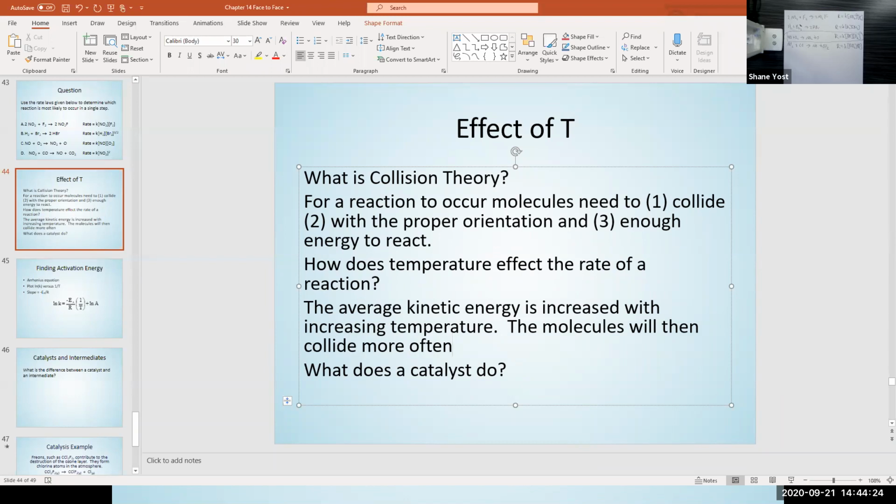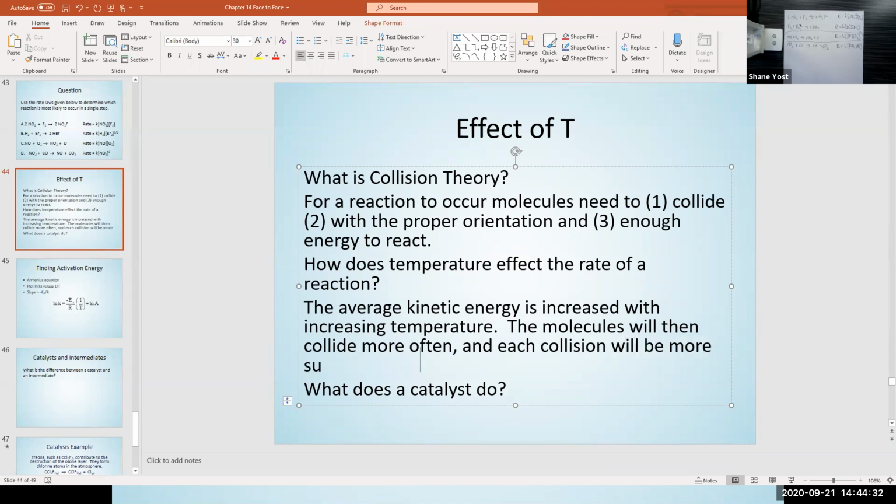So they'll collide more often, and each collision will be more likely to produce products, I guess is how I'll phrase that.